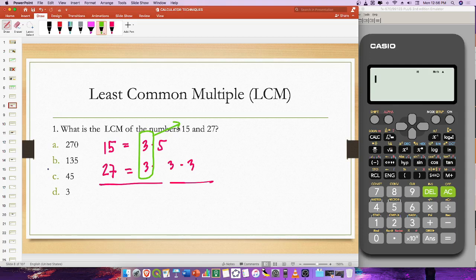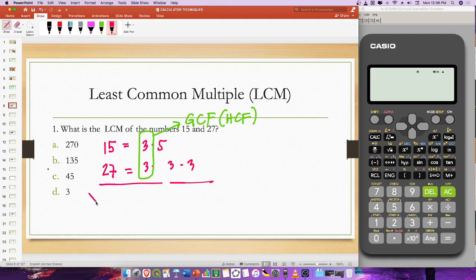Since only 3 here is common, we call this the GCF, or the greatest common factor. In some other references, they refer to this as the highest common factor. But for today, we will be solving only the LCM, the least common multiple.